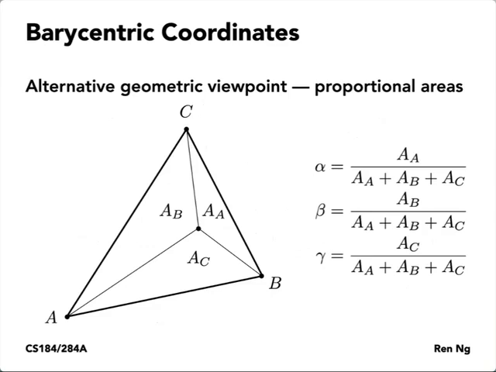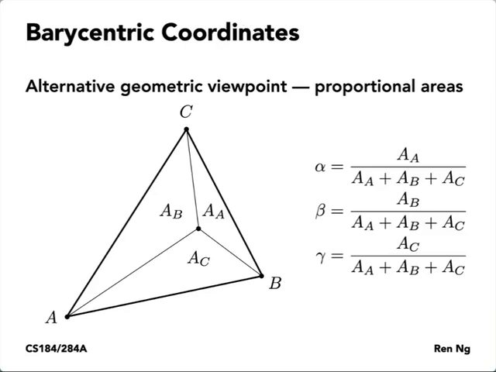I want to give you an alternate geometric viewpoint on these barycentric coordinates. I said proportional distances is one way to get to a definition of barycentric coordinates. I showed that to you. It turns out there's a proportional areas way to get this as well.